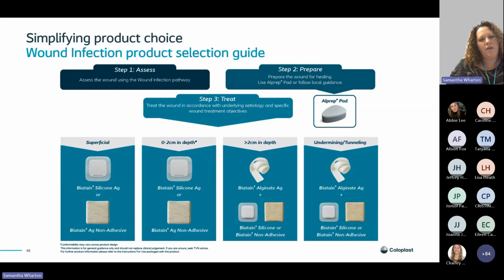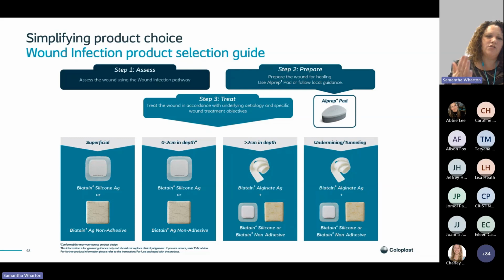But you wouldn't need to put a Biatain Silicone AG over the top of that filling material, that alginate, because it won't be in contact with the actual wound bed. So it's really important that when we're looking at our Biatain Silicone range, with Biatain Silicone, you've got 3D fit technology.